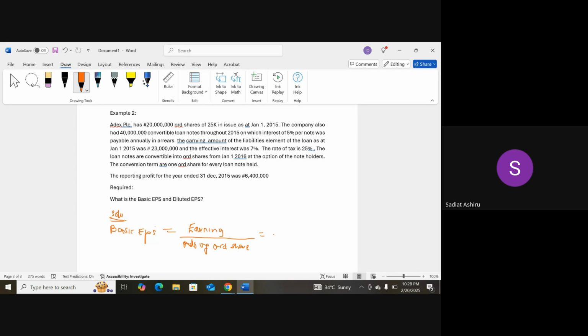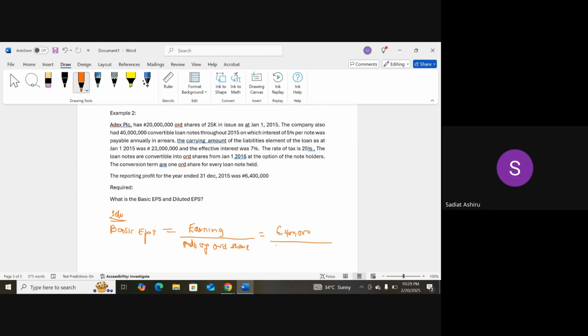6,400,000, which is my earnings. The profit for the year 2015 is 6,400,000, which will be over the number of shares. The number of shares will be 20 million naira divided by 25 kobo.